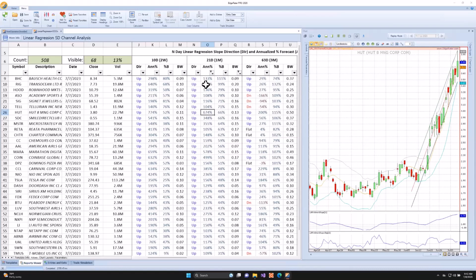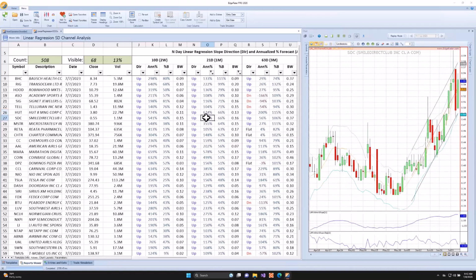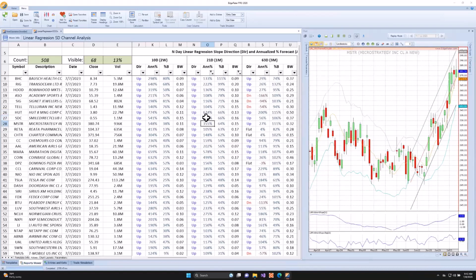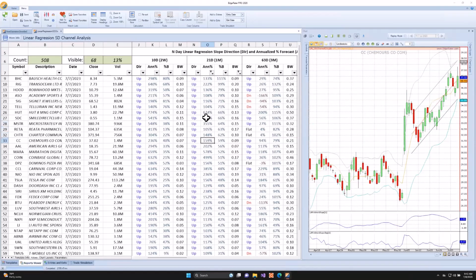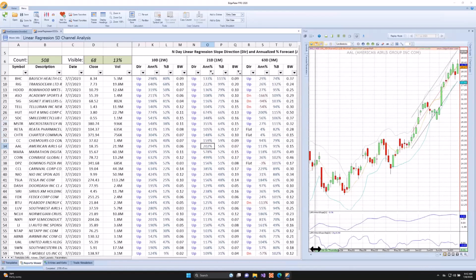Or you may be on the other side, looking for where price is continuing to go higher, with the expectation that it will continue to go higher. Either of those is a valid way of trading if you have your entries and stops in place. But this is a great way of just finding the stocks that are meeting your criteria.